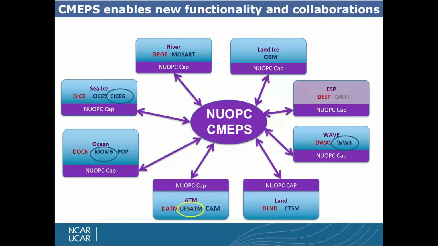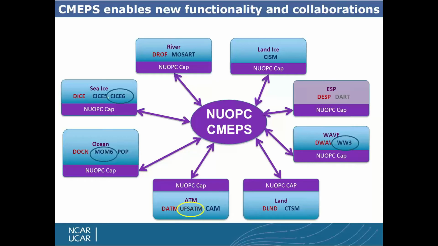But now you have a whole set of components, which I've circled in black, that we are now sharing with NOAA. And these are the new sea ice model CICE6, MOM6, which is our new ocean component that is going into CESM, and a new version of WaveWatch that has been created at NOAA, and that we are now able to easily bring into the system because of ESMF.